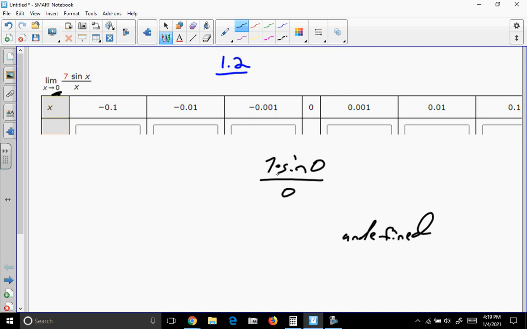In this case, though, let's see what happens to the top. Sine of 0 is 0. 7 times 0 is 0. So this is undefined because we have 0 on the bottom, but this is referred to as being indeterminate.